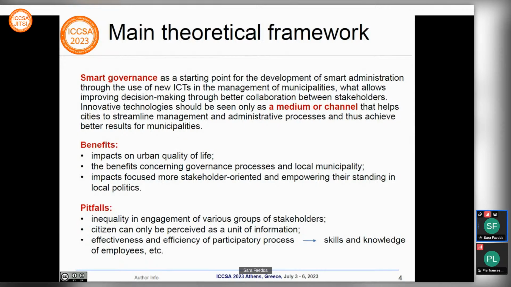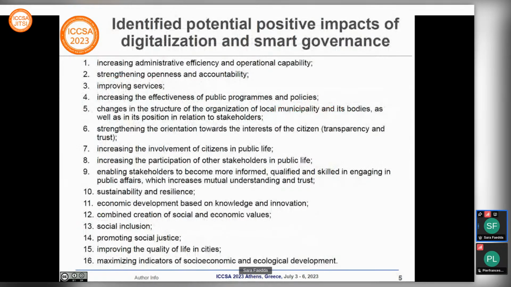So we collected all of them, and in this way we identified, in the case of positive impacts, 16 potential influences that smart governance can bring at the local level.